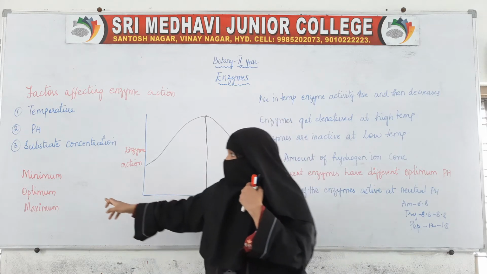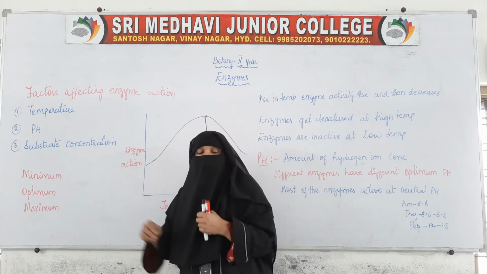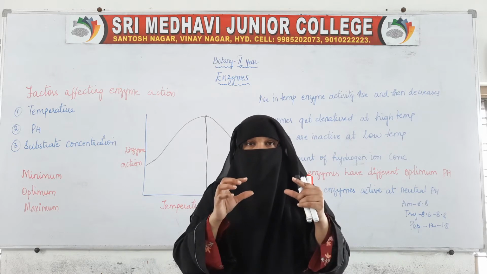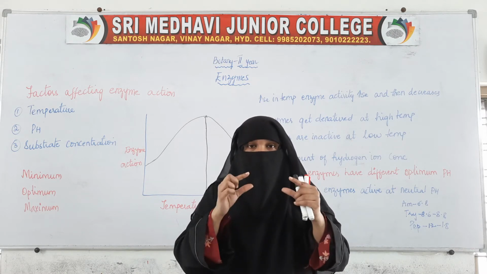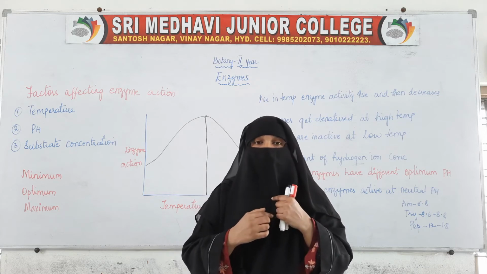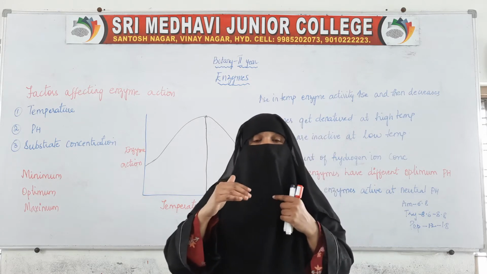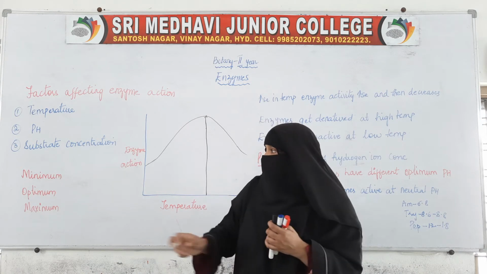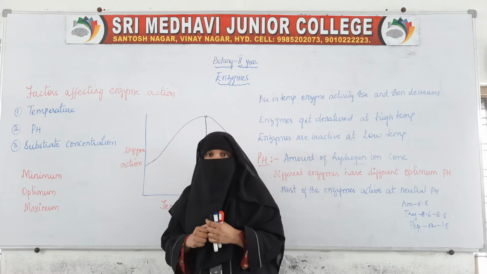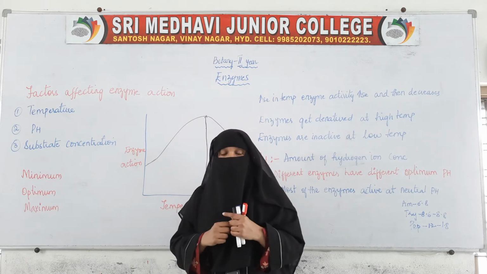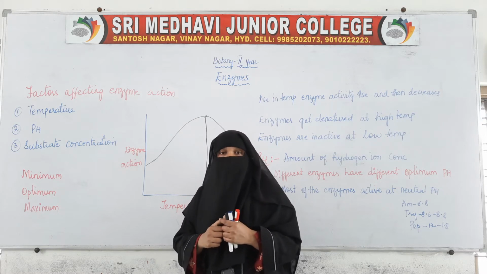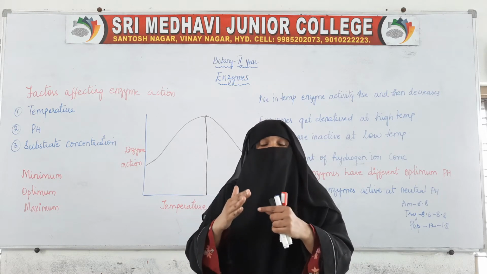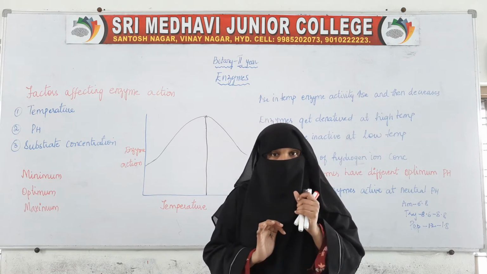Let's not get confused between maximum and optimum. Optimum is the required temperature or the required pH at which the enzyme action will be the maximum. Maximum temperature is the temperature beyond which there won't be any enzymatic activity.